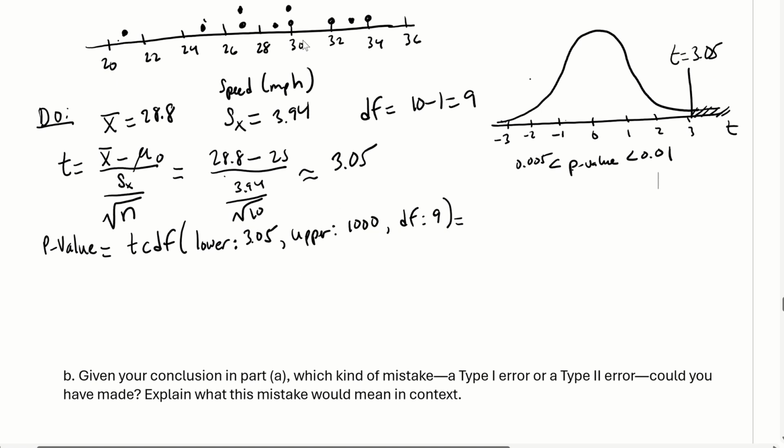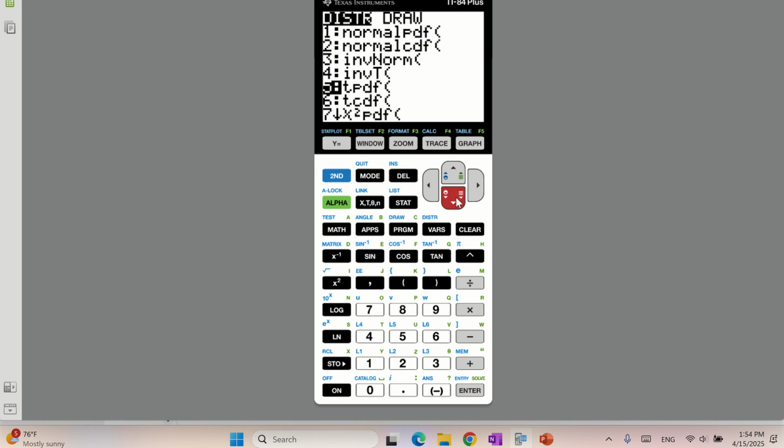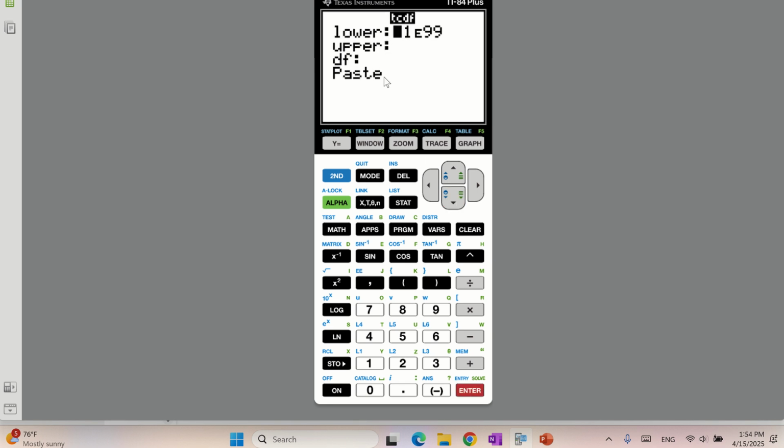We're going to do this on the calculator. Okay, so let's do it on the calculator. So we're going to go to second vars. We're going to go to tcdf and enter 3.05, that's 1,000, and the degrees of freedom here, how many was that?